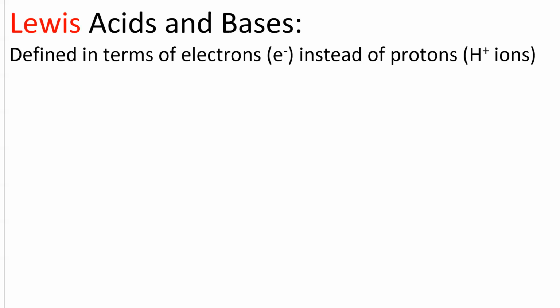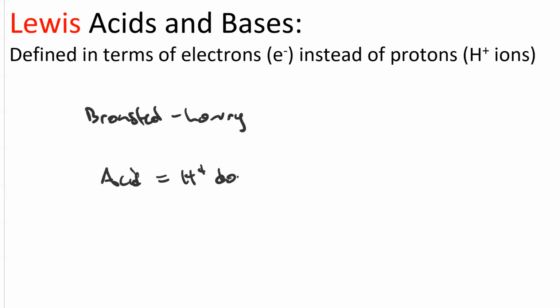So, think about what a Bronsted-Lowry acid is. An acid is a proton donor. So what does the acid do to things it encounters? Well, it gives them something that's positive. It makes their charge more positive. A Lewis acid is an electron acceptor.